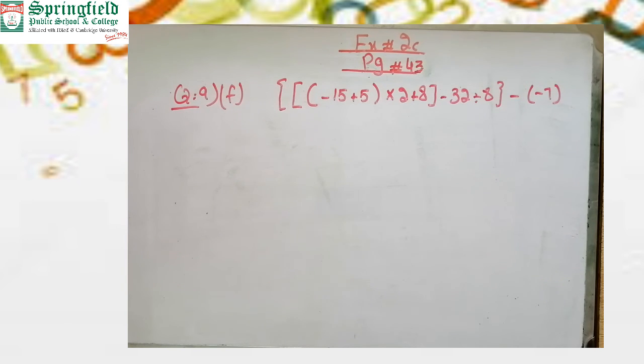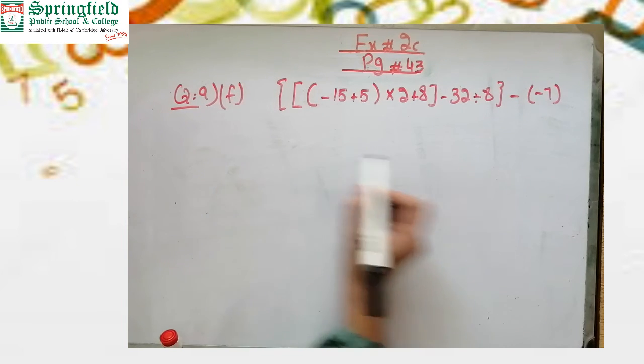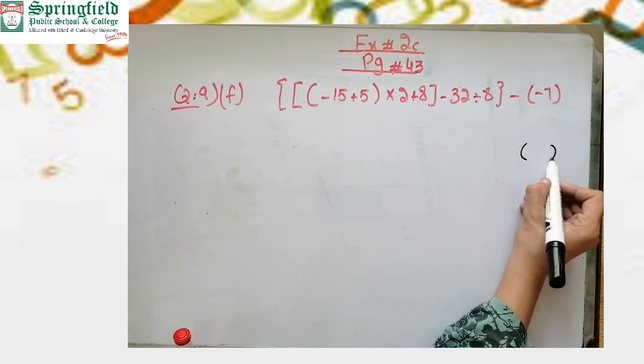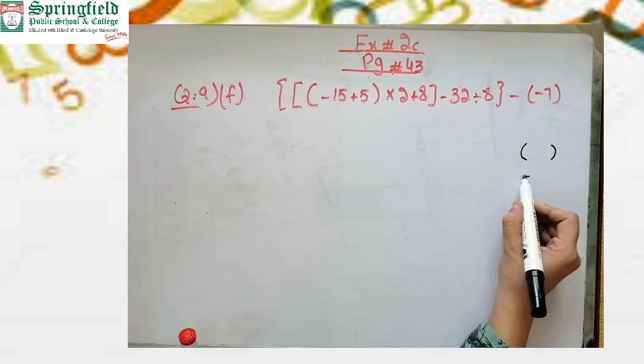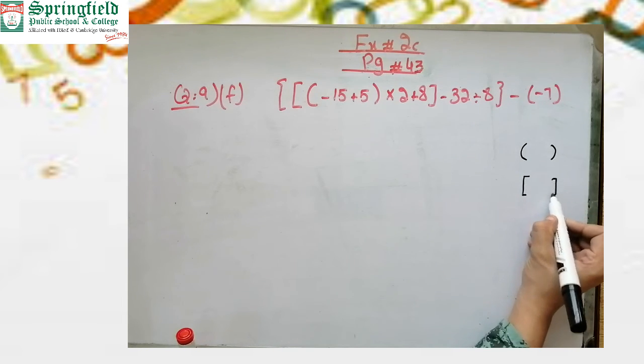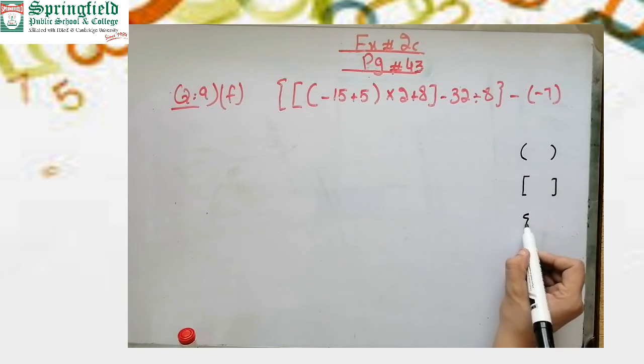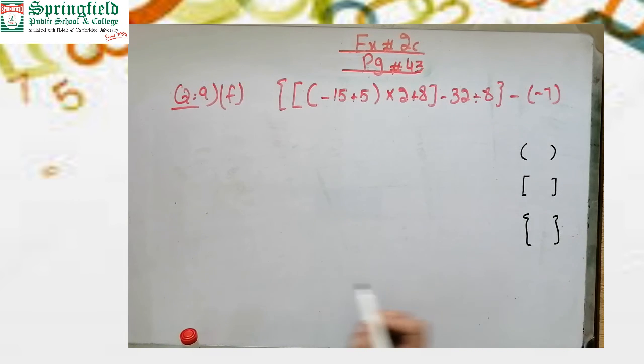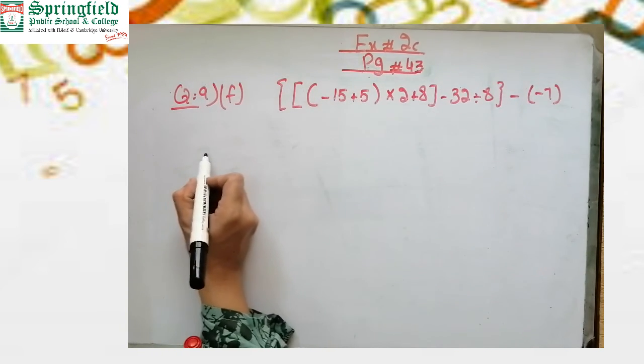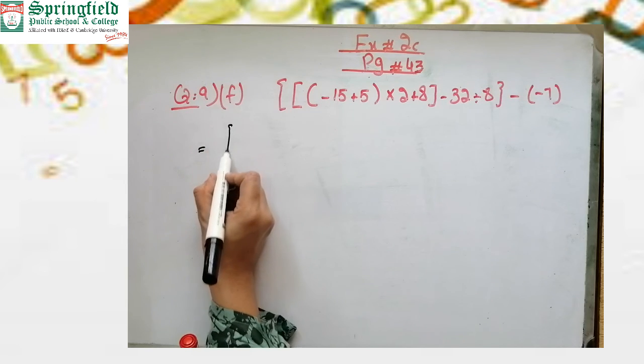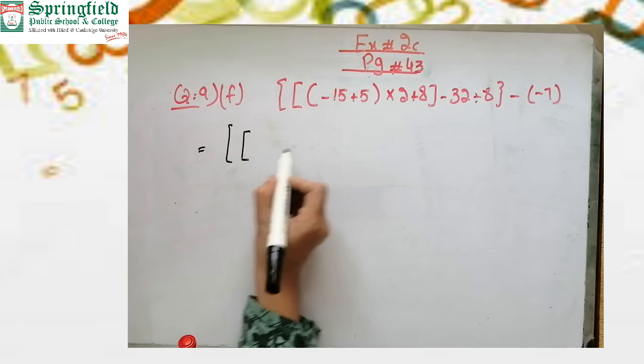Okay, there are 3 types of brackets being used. So which bracket will we solve first? Keep in mind beta, first we will solve the small bracket, then we will solve the square bracket, then in the end we will solve the curly bracket. Understood? Okay, now curly bracket, then square bracket.